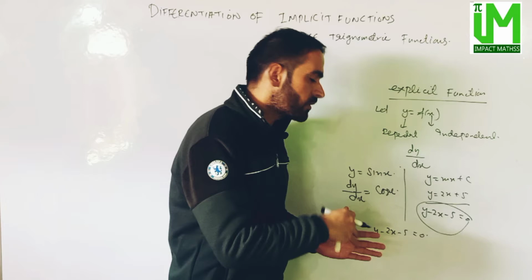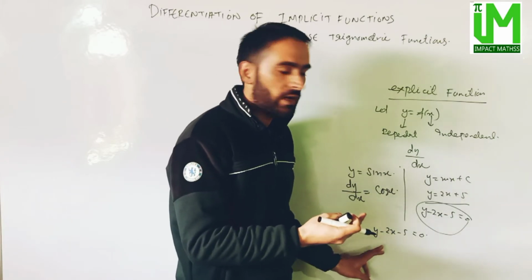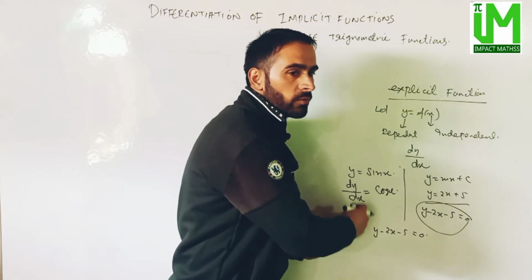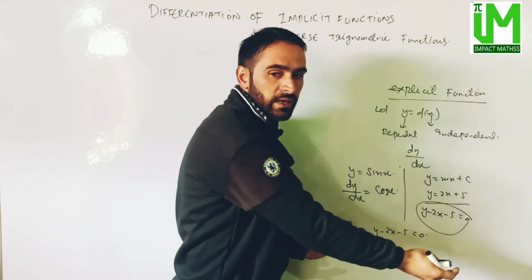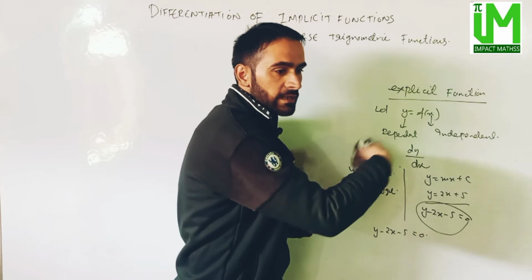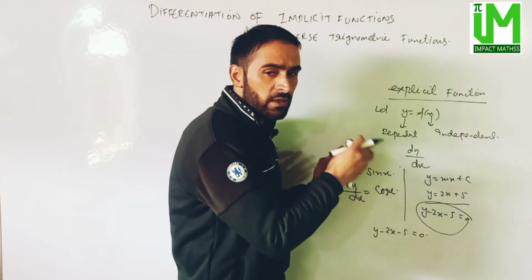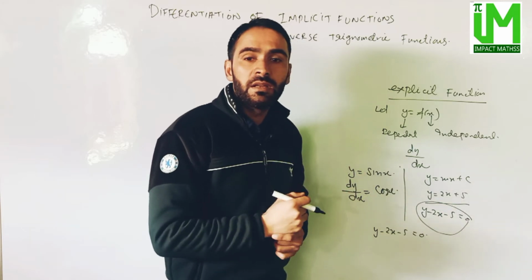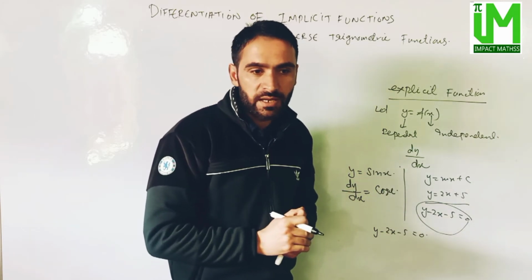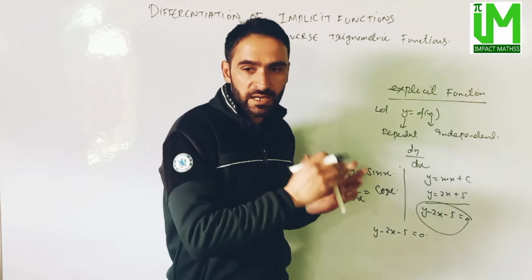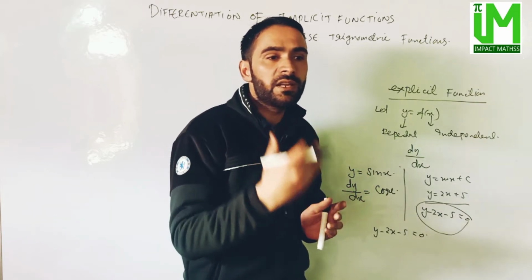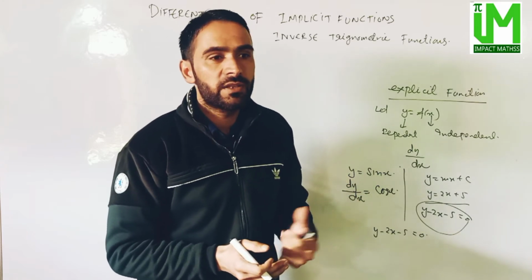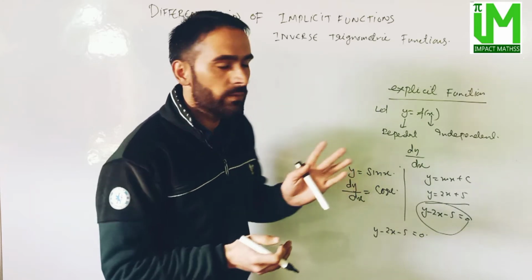But here we can separate y from x: if we solve this for y, we take the x term to the other side. Although it takes some calculation, we can directly see the relation between the dependent and the independent variable, so that we separate the dependent variable from the independent variable, and then we differentiate with respect to the independent variable.